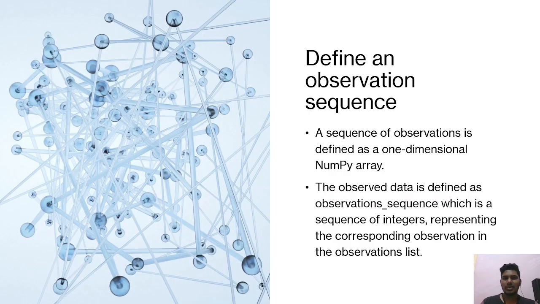Next we are going to define an observation sequence. The sequence of observations is defined as a 1D numpy array. The observation data is defined as observation_sequence, which is a sequence of integers representing the corresponding observations in the observation list.